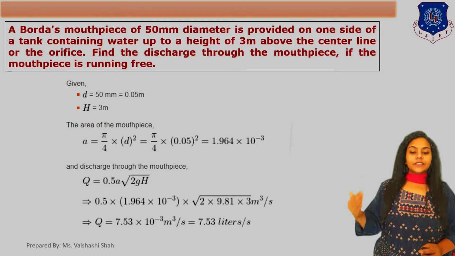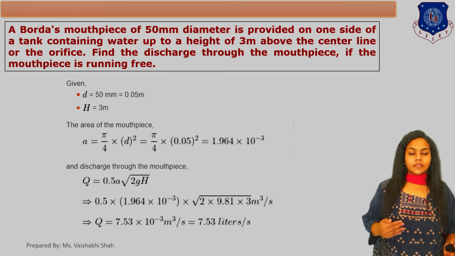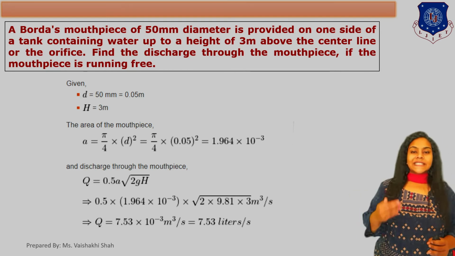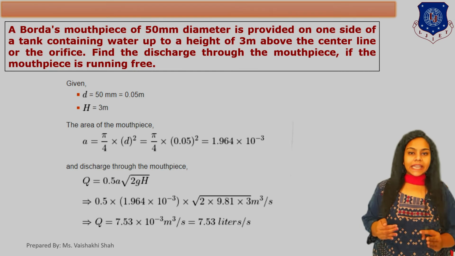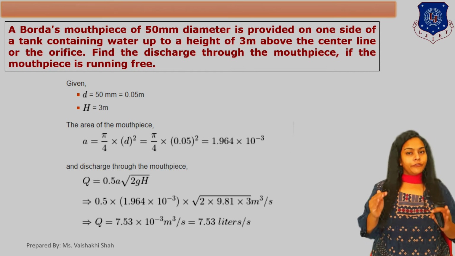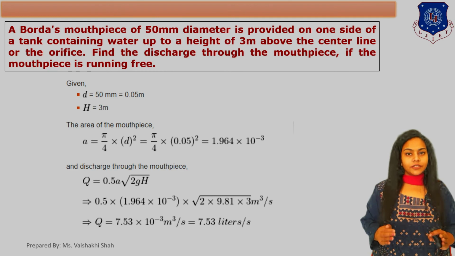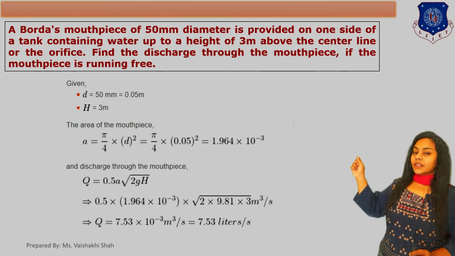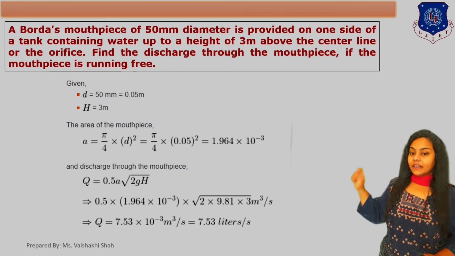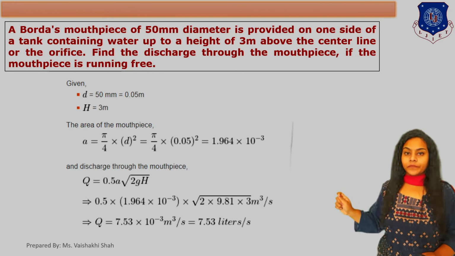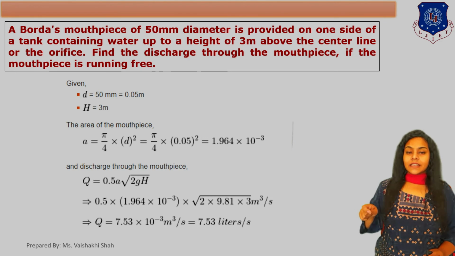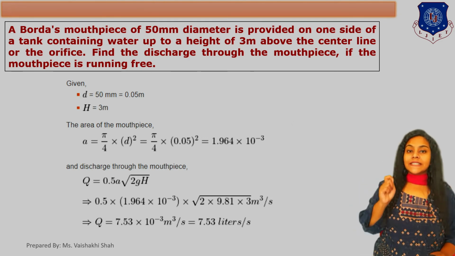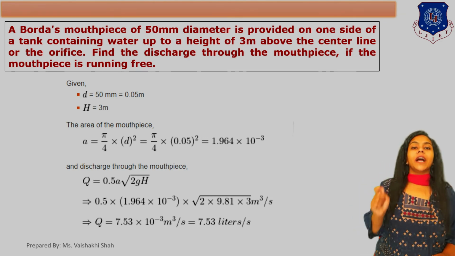Now discharge through mouthpiece, Q equals CD into area into velocity. We know the equation for discharge. Now in this case, when the internal mouthpiece is running free, the value of CD is 0.5.